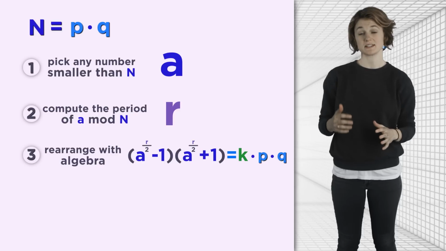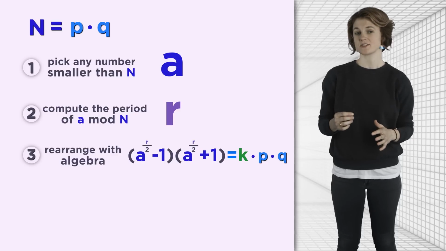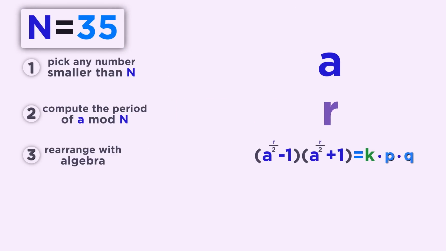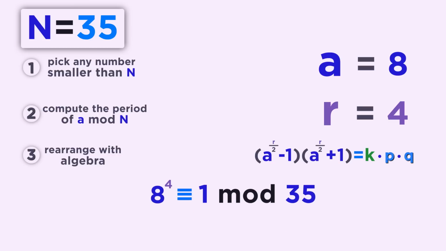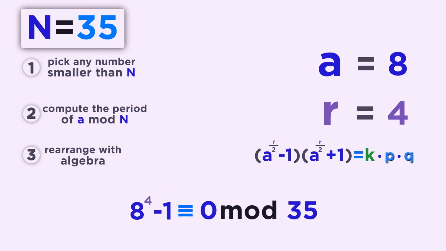Here's what happens with the example where we are trying to find the factors of 35. Since the period of 8 mod 35 is 4, we have 8 to the 4th is congruent to 1 mod 35. So 8 to the 4th minus 1 is congruent to 0 mod 35. Actually, 8 to the 4th minus 1 is 4095, but we only care about its value, mod 35.